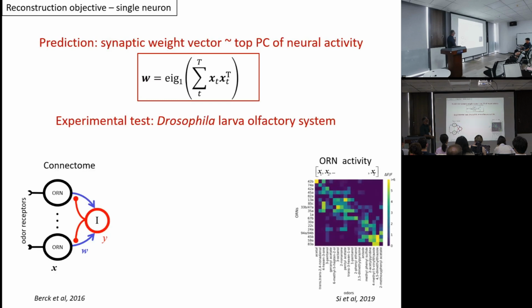And in the same system, another lab has measured the activity of those ORNs. They all have names according to the receptors that they express. This diagram shows the response, measured with calcium indicators, of those olfactory receptor neurons to different odors.